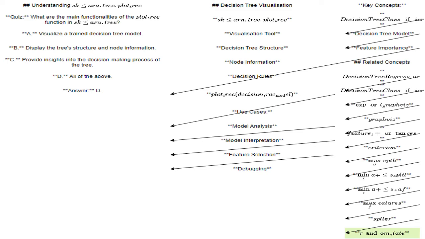Use: choosing between best, which selects the best split based on the criterion, and random, which randomly selects a split from a subset of features. random_state: a parameter in the DecisionTreeClassifier and DecisionTreeRegressor classes that controls the randomness in the tree construction process. Use: setting a specific random seed to ensure reproducibility of the model results.